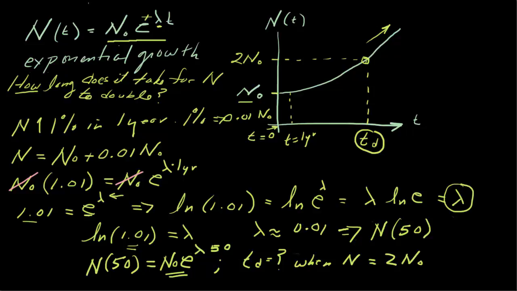So come back to this equation, substitute for 2n0, and solve for the doubling time. Everything else would be known in this equation. You know what 2n0 is, you know what lambda is, and you would be solving in this case for td, the doubling time.